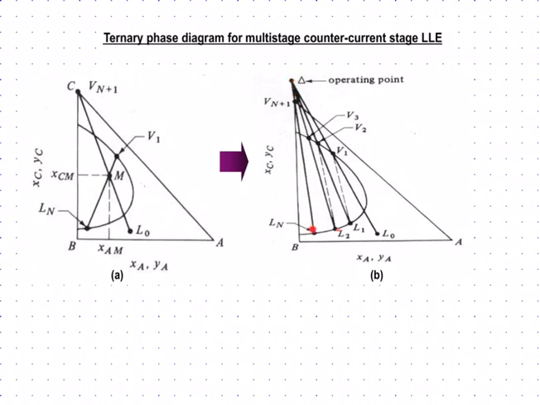So this is the last stage, Ln and Vn plus 1. So these are the streams that you know the information for that particular first and last stream. So this is information at the last stream. Okay, and this is the information for the first stream or first stage that you have together with your V1.